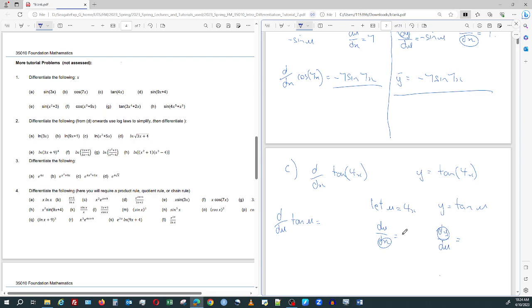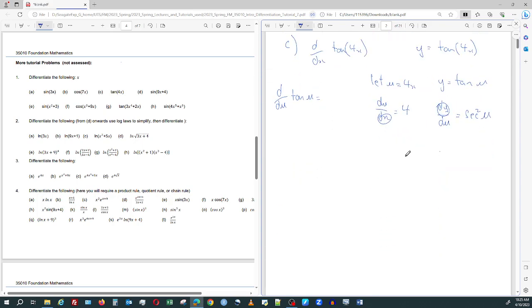This will be 4 and this will be sec squared u. So putting the chain together, y dash will be equal to 4 sec squared 4x.